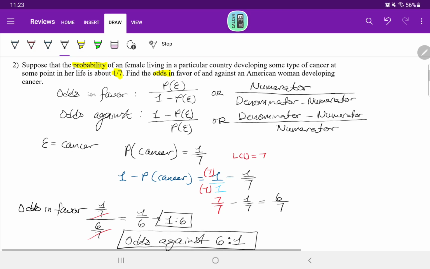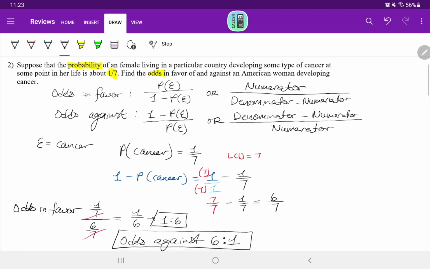Okay. And that is the answer to the question. The odds in favor of a woman developing that particular cancer is 1 to 6, and that means the odds against is 6 to 1.